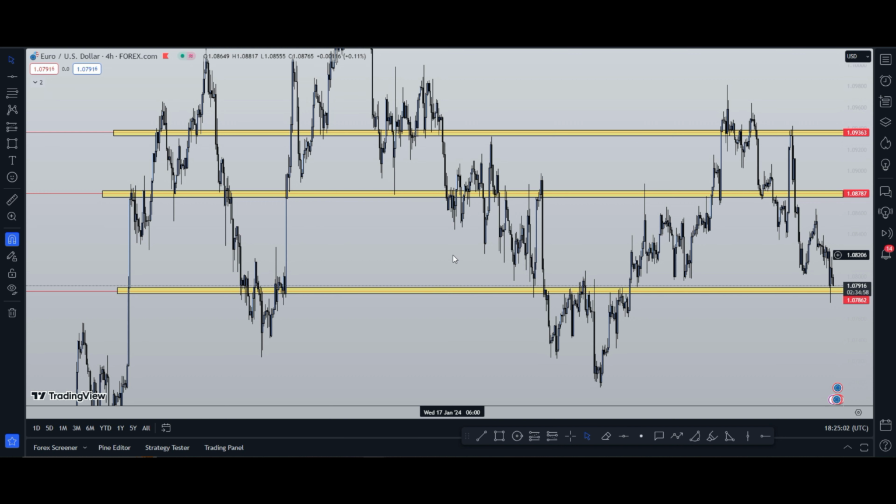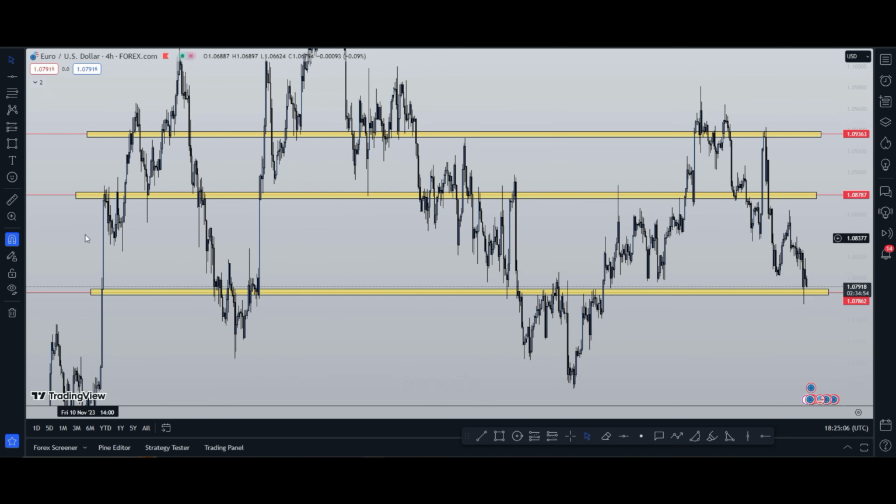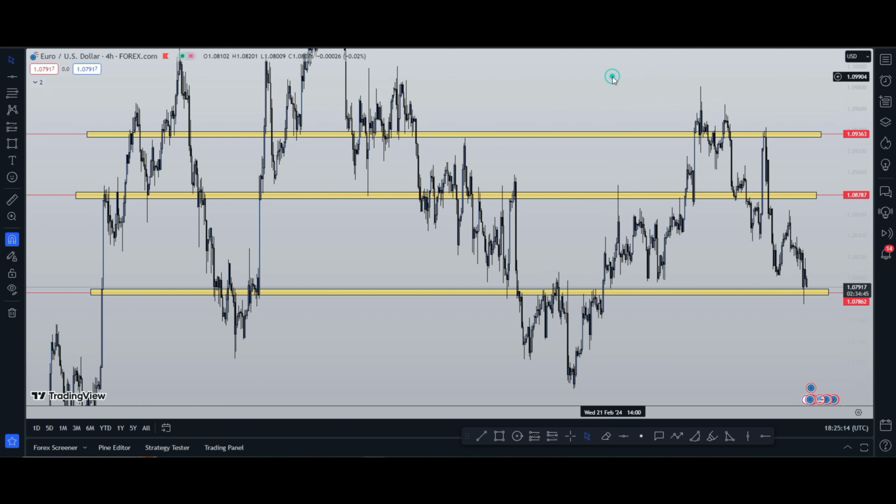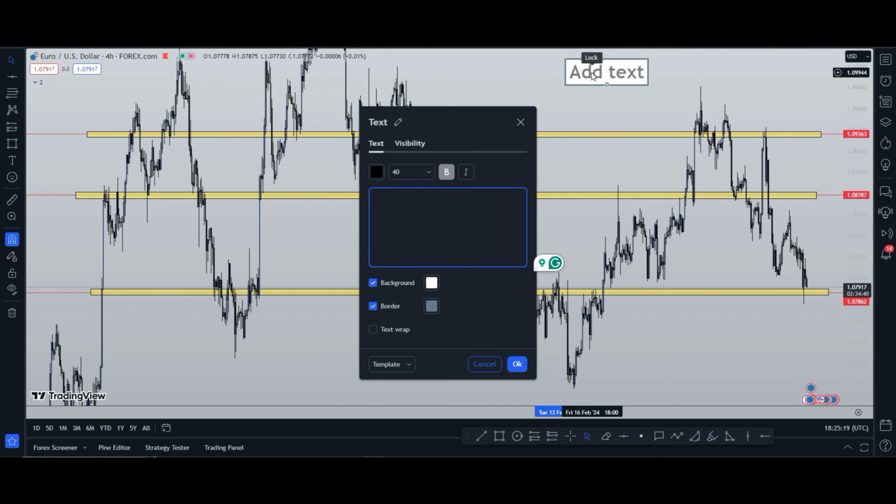the best way to pass prop firm challenges, guys, is, let's type this up actually. Let's put this in text, make this bigger. Let's go through this. Okay, so number 1, keep it nice and simple.